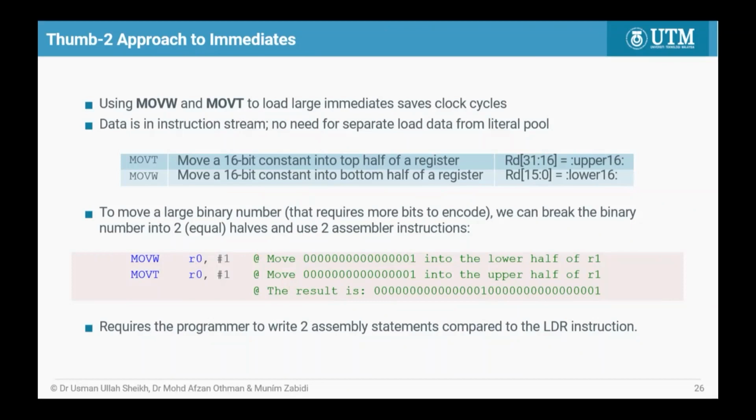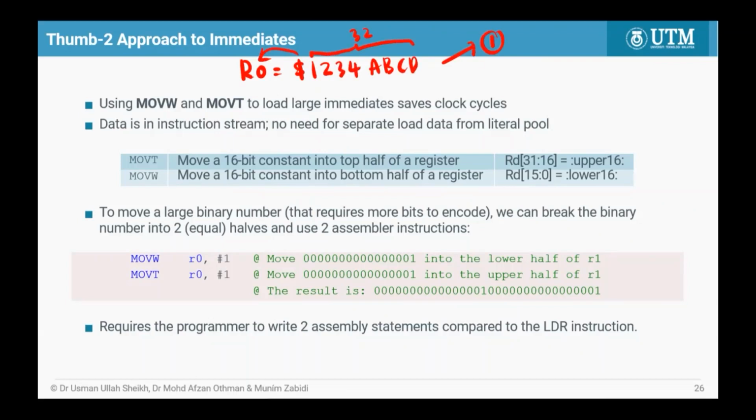For example, I give you an example. You're going to load this value. This is 32-bit data. You're going to load this value to R0. How to do that? We have two ways to do this.